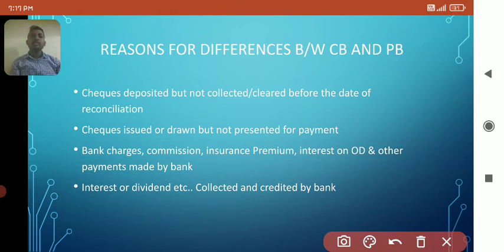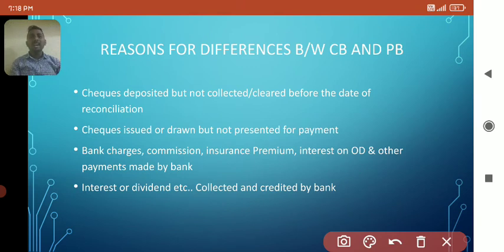So there is a difference between the cash book and passbook. Why? The bank pays bank charges, commission, insurance premium, interest on OD and other payments without consulting the customer, as per his standing instruction. The information will be sent to the customer in due course.